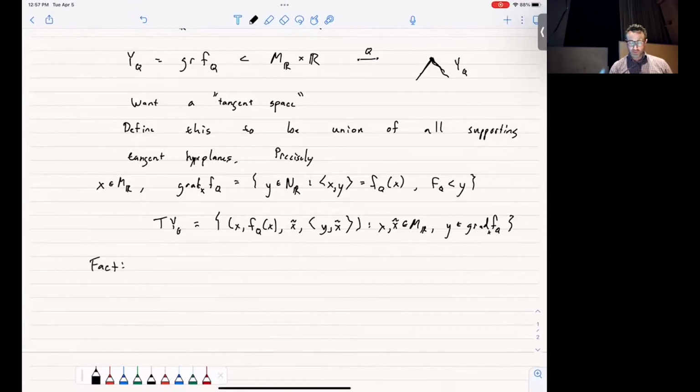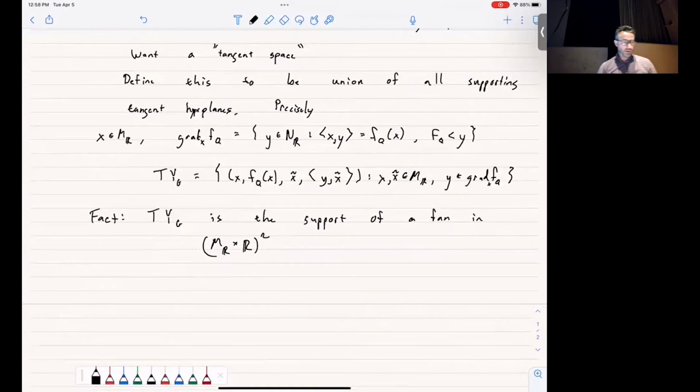You can get to this in a lot of different ways, but one way I'll show is that this is in fact the support of a fan in MR, R squared. Let me give the definition, and then I'll go through some examples.